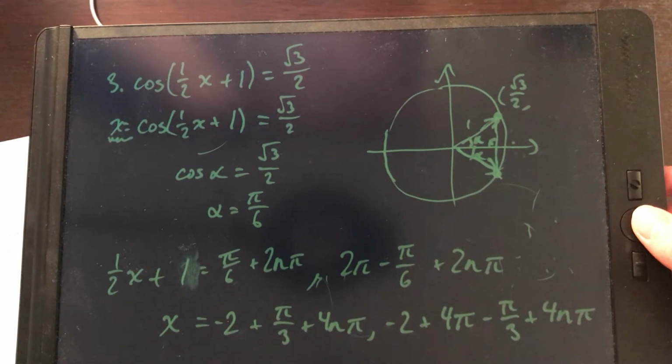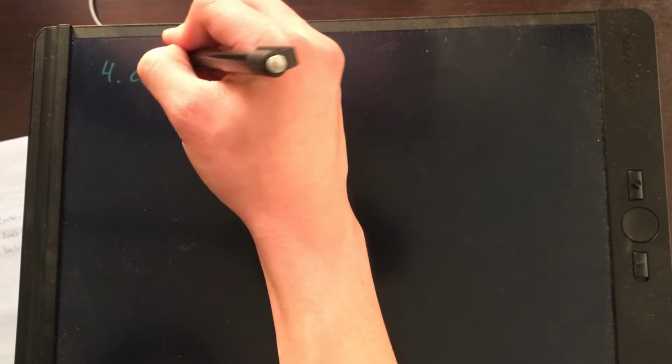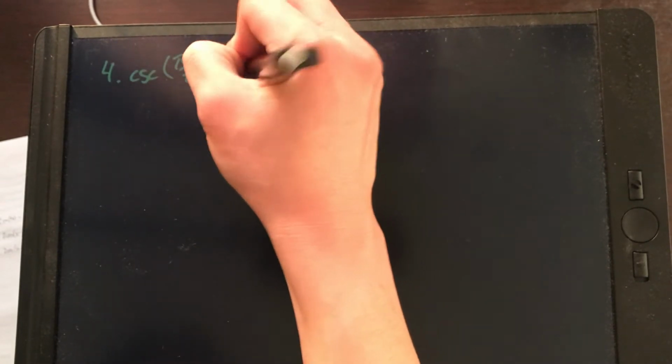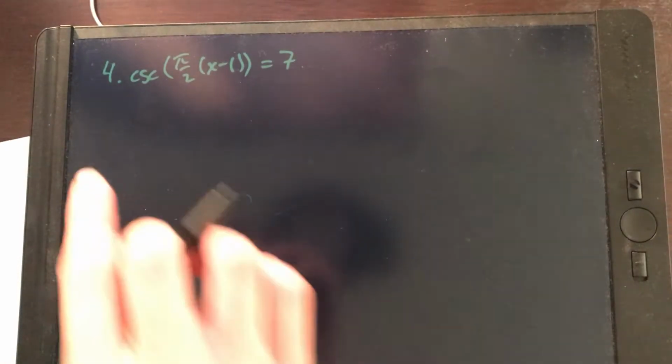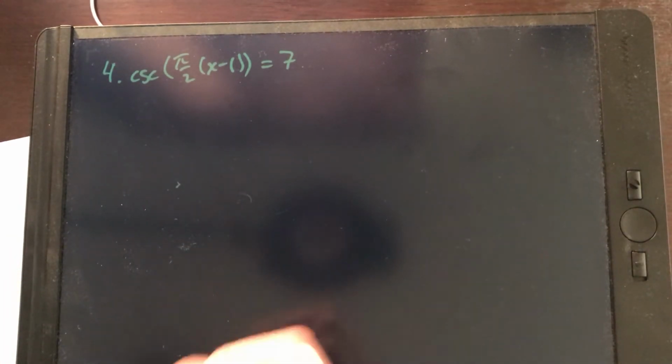So, next problem we're going to look at, question 4, it's going to be a little more interesting. I'm going to start going through these a bit quicker because I hope you've gotten the hang of the technique. So cosecant of something is equal to 7. Whenever I see one of these inverse trigonometric ratios, I want to turn it into a primary trigonometric ratio.